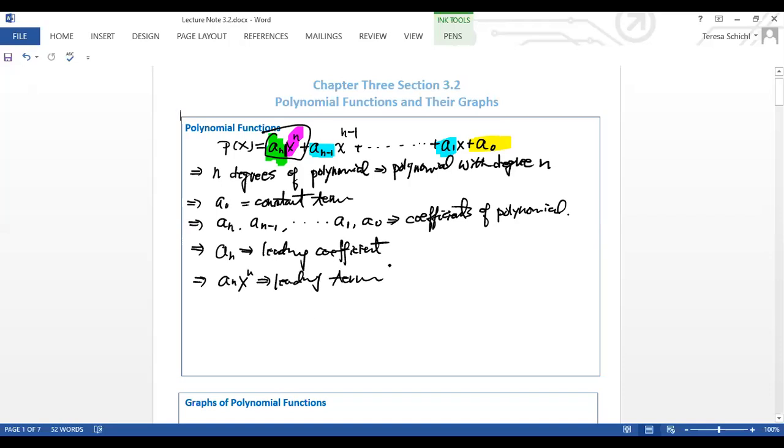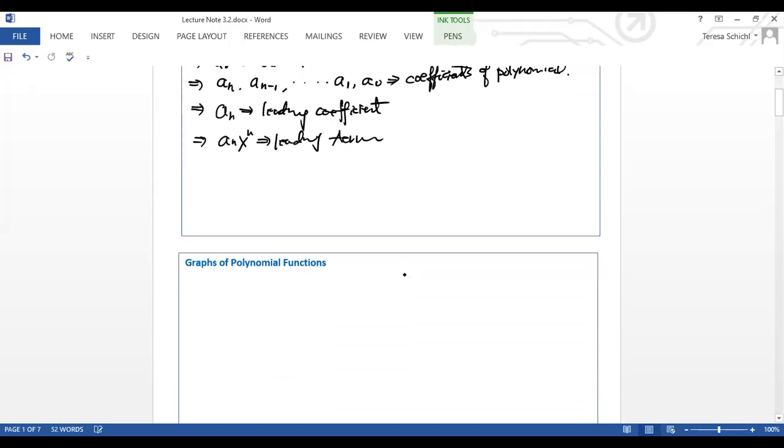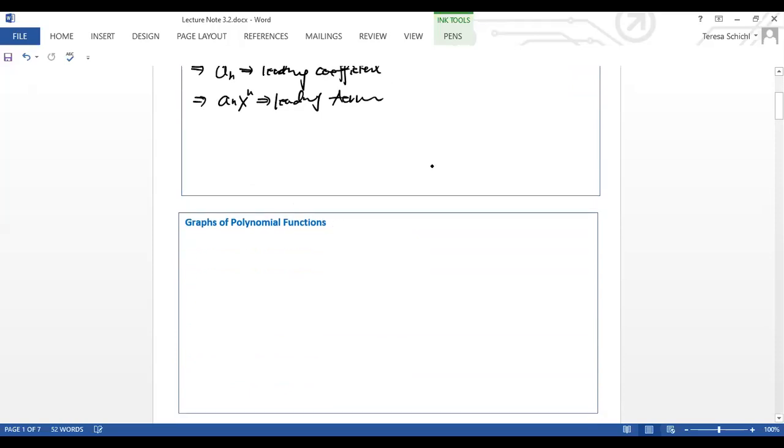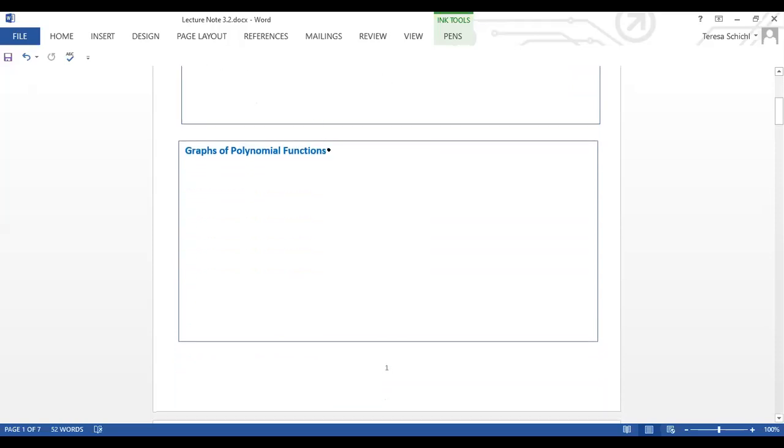Okay, so what is the graph of the polynomial going to look like? The polynomial graph has to be what we call a smooth, continuous graph. We'll talk about that later.